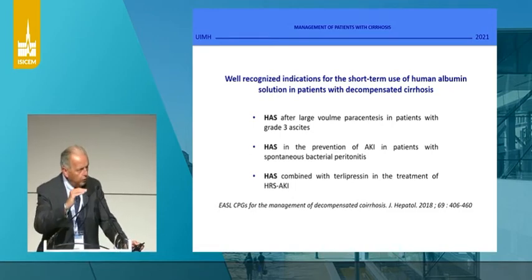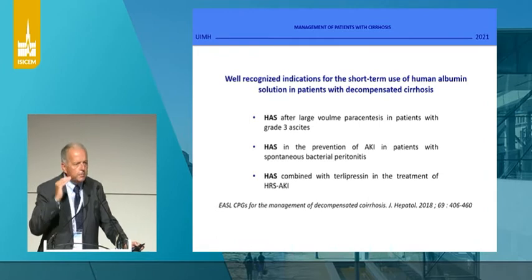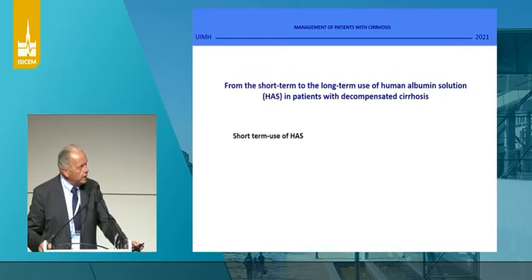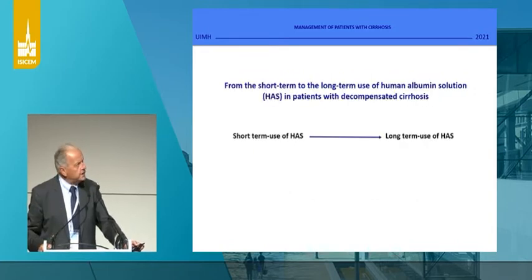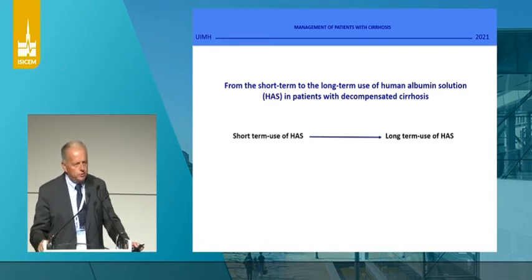In all these indications, it is well proven that albumin improves survival in these patients. But I will go back to responsive ascites. I will speak about the long-term use of albumin.